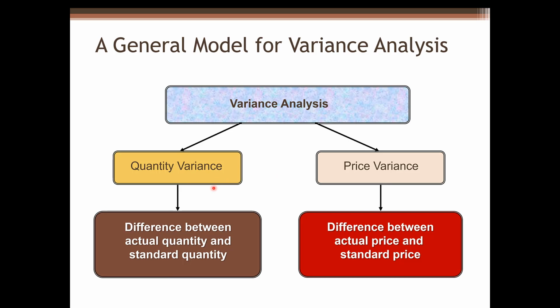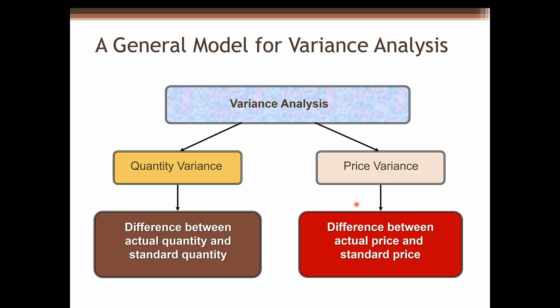Quantity variance is the difference between actual quantity and standard quantity. Specifically, a quantity variance is the difference between how much of the input is actually used and how much should have been used. It's stated in dollar terms using the standard price of the input.